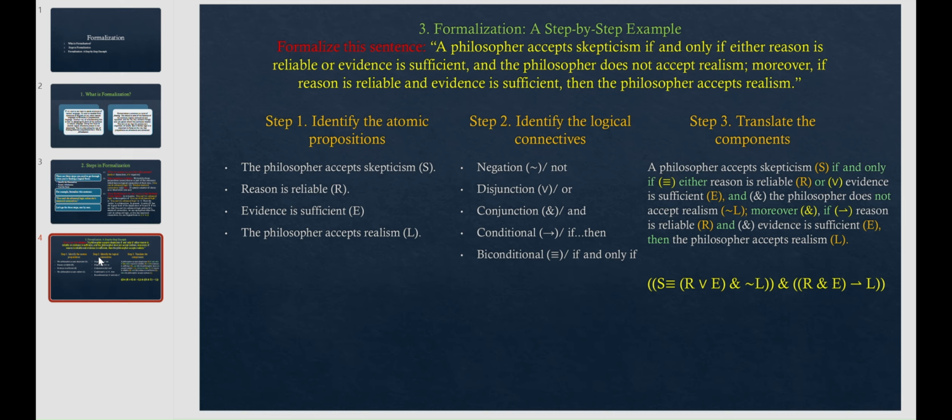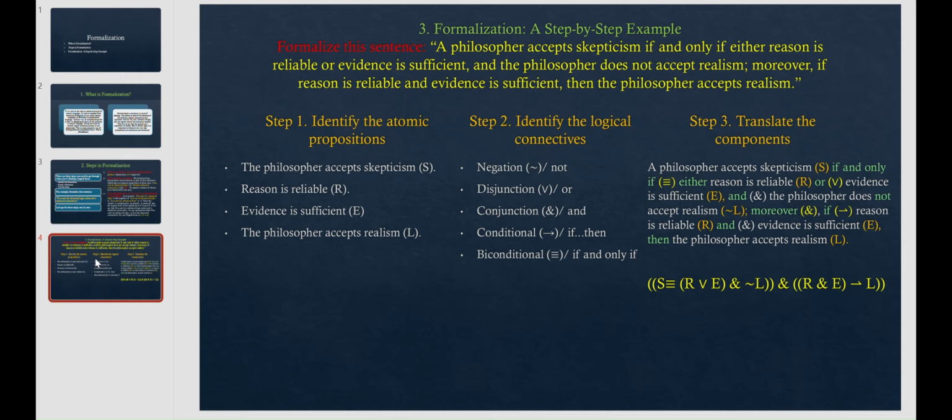On step 3, translate the components. A philosopher accepts skepticism. It's our S statement. Therefore, we must write S in the first place. Then, if and only if, it is the biconditional, and you can see its symbolic expression written here.